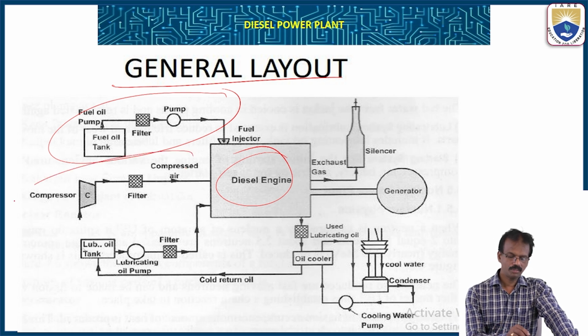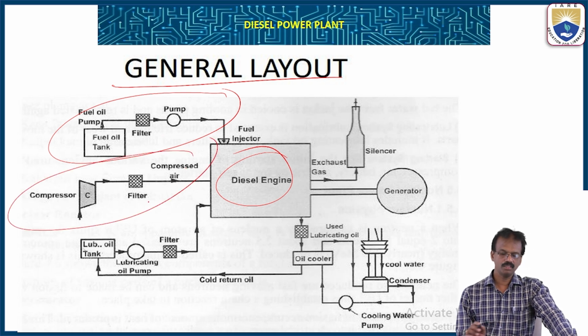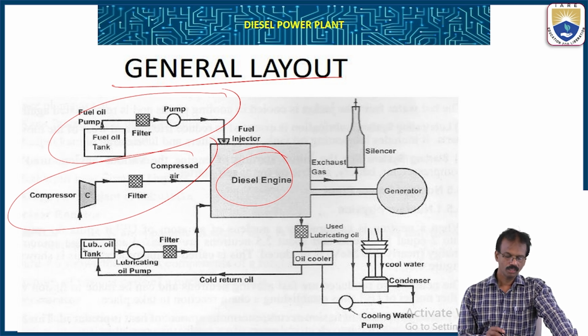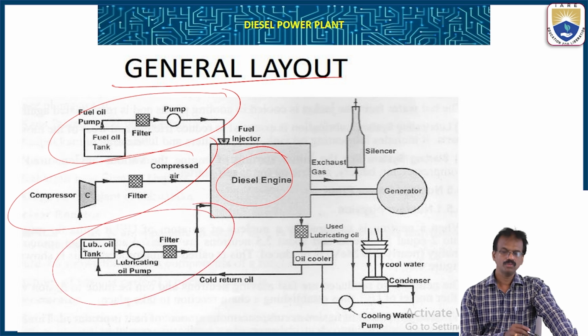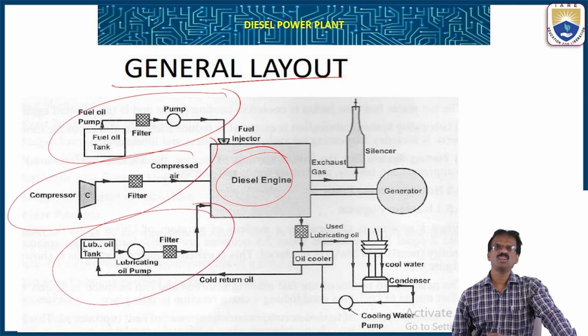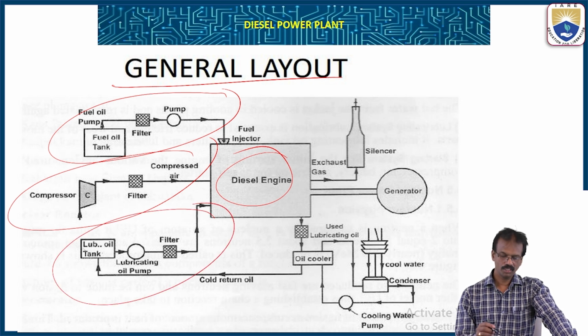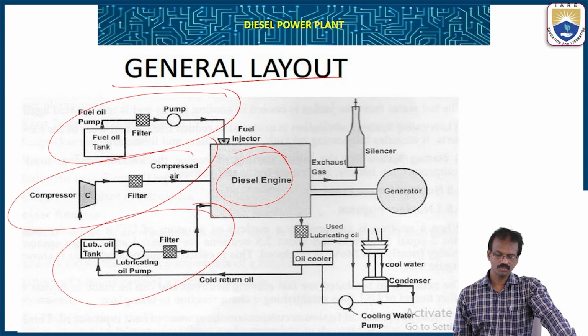This is the compressor for the filtration and compressing of the air for the burning of fuel. This one is the lubricating system. This is the lubricating oil tank for the smooth running of the diesel engines.